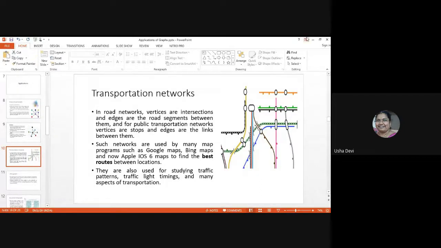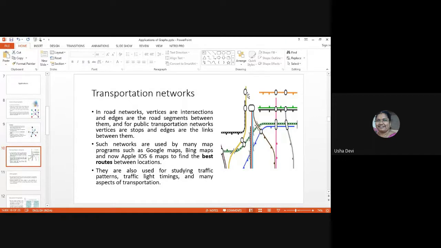Similarly, Google Maps always shows which could be the best route between two locations. For example, we give the source, where you have to start, and where you want to go, for example from Vellore to Coimbatore, and what the possible ways are.